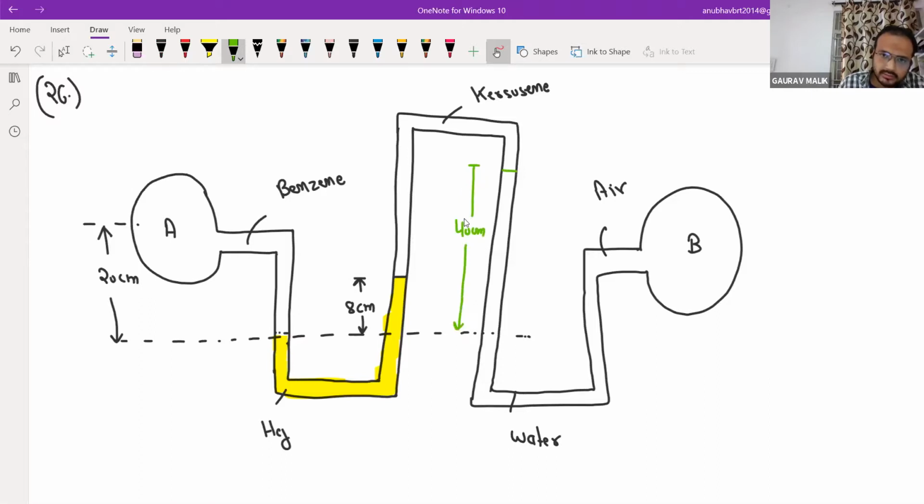Forty centimeter. This one is 14 centimeter.